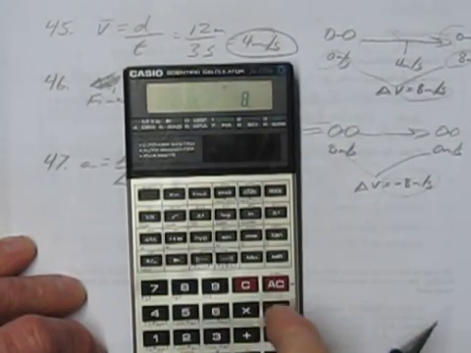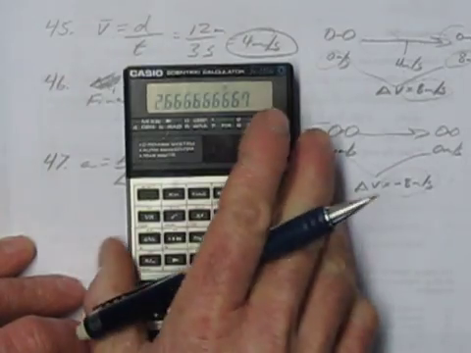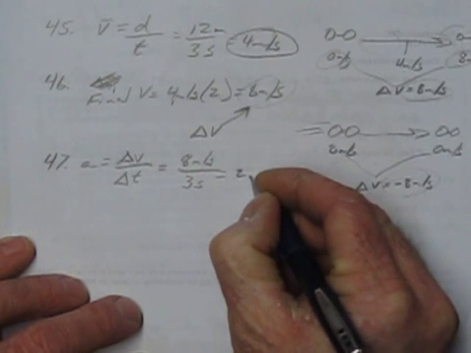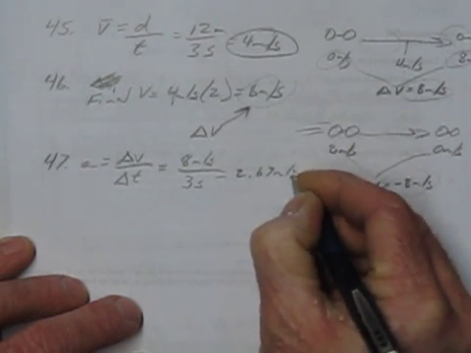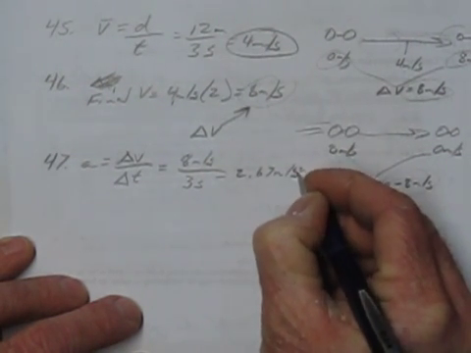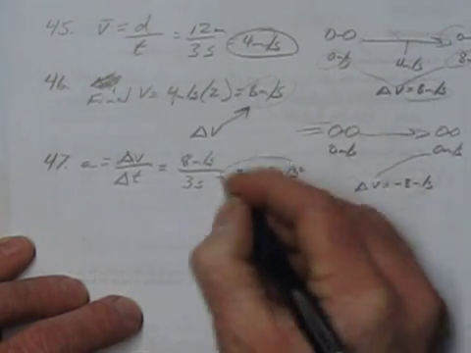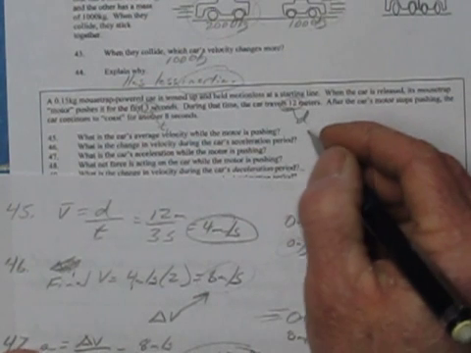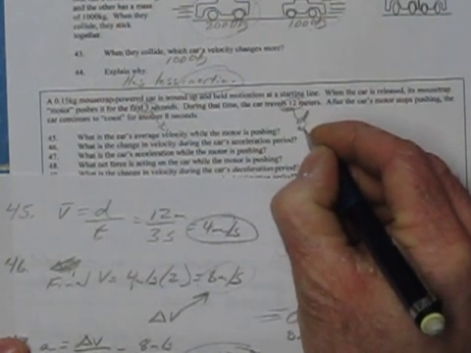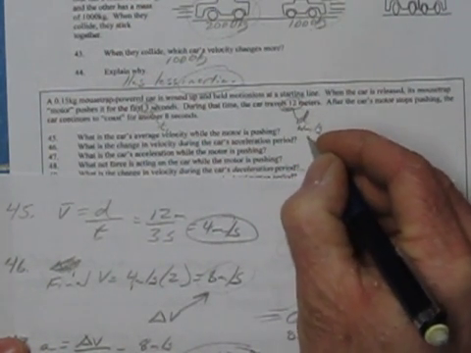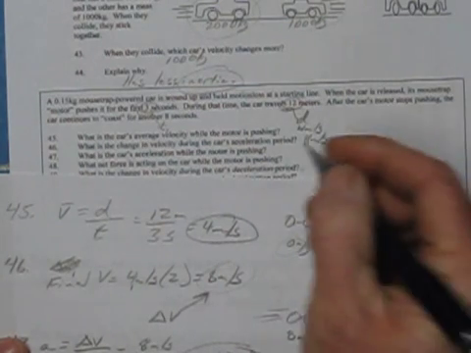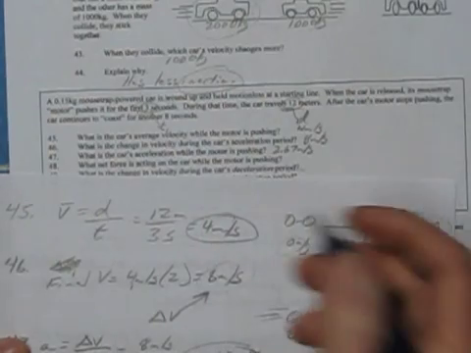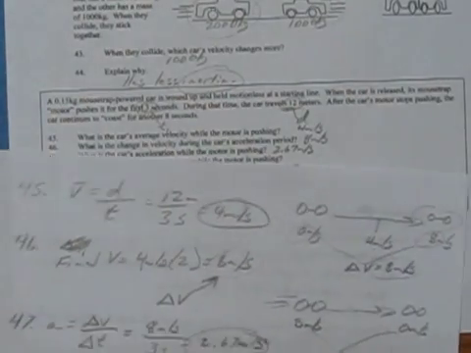So 8 divided by 3 equals 2.6666, repeating, so I'm going to call it 2.67 meters per second squared. That's the right unit for acceleration. Ooh, I should be putting my answers here, right? 4 meters per second, 8 meters per second, 2.67 meters per second squared.